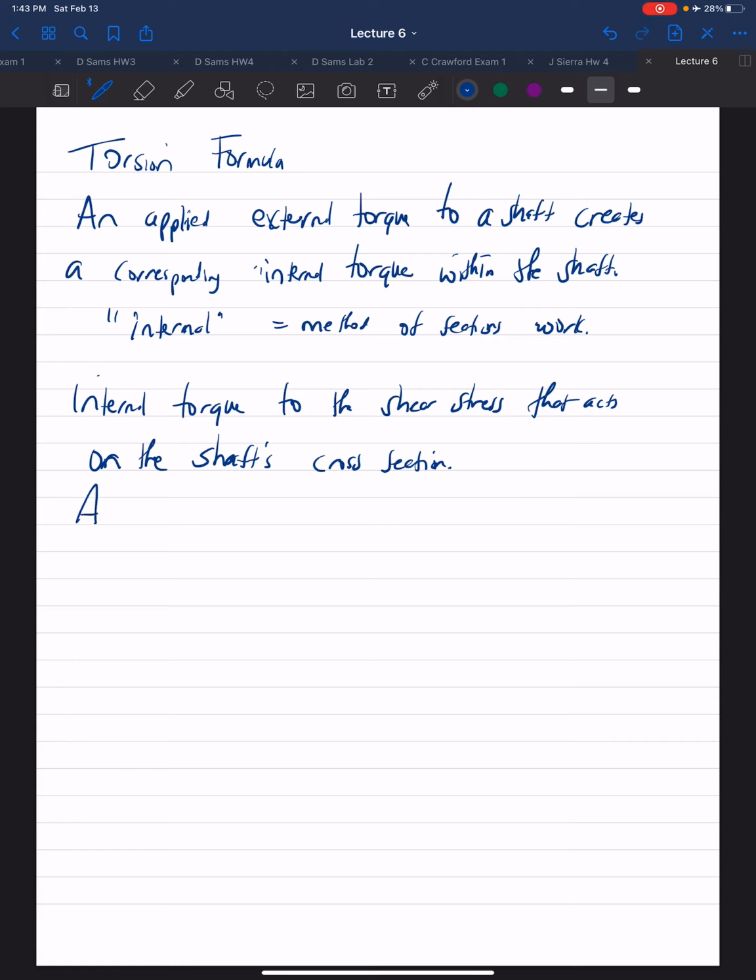So if we assume the material is elastic and we're working in the elastic region, then Hooke's law applies for our shear stress, shear strain relationship, and therefore our maximum shear stress.